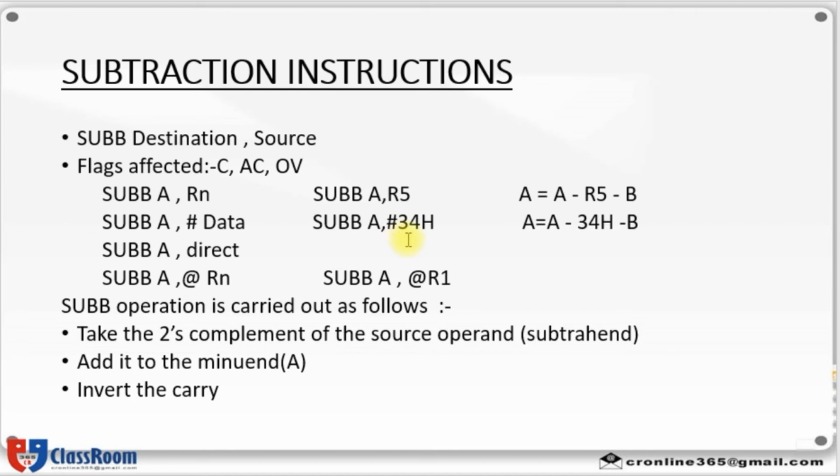SUBB A, #34H: the accumulator will carry the result of accumulator minus the constant value 34 minus borrow. Then SUBB A, direct comes under direct addressing mode. The contents of the direct address are subtracted from the accumulator and the borrow flag is also subtracted.